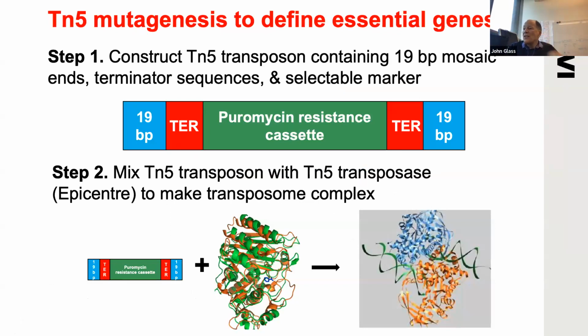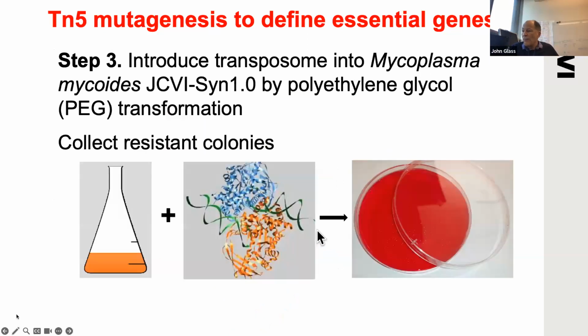The way we do this is we build a PCR product, polymerase chain reaction, a way of producing synthetic DNA from a template. It's about 800 base pairs, but this is its sequence. We mix this DNA with a commercially available transposase, the enzyme that mediates the insertion of this into a bacterial genome.